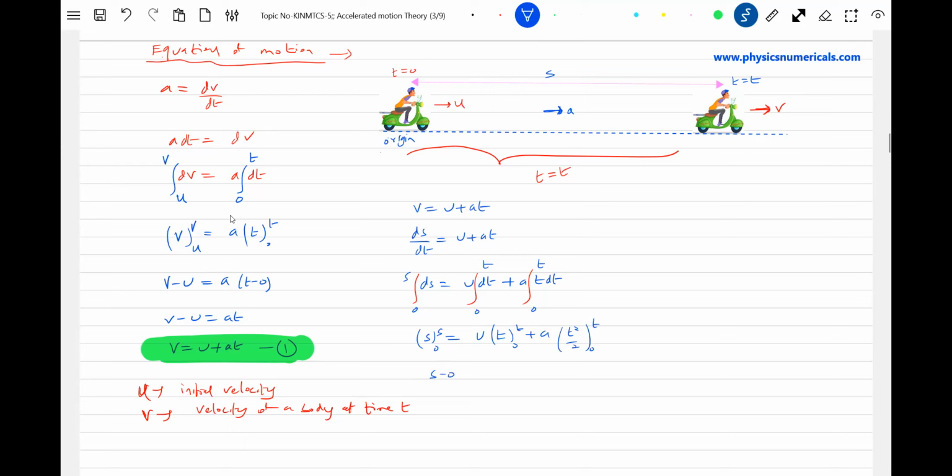So this will be s minus 0 equals u into t minus 0, plus a by 2 into t square minus 0 square.